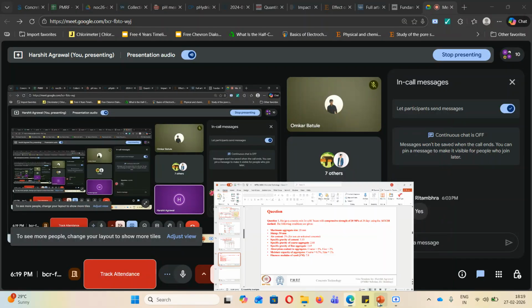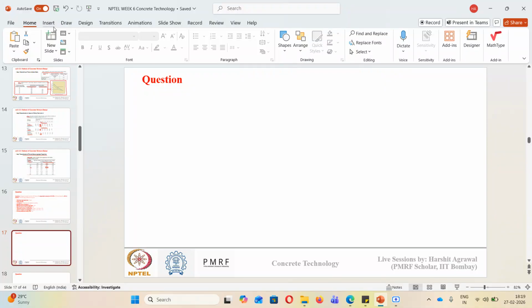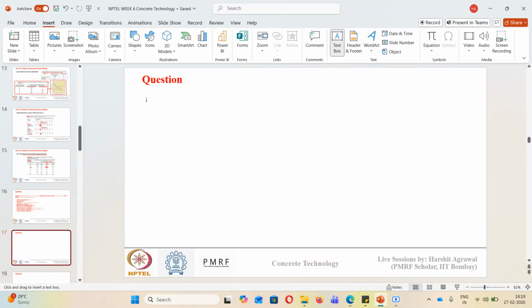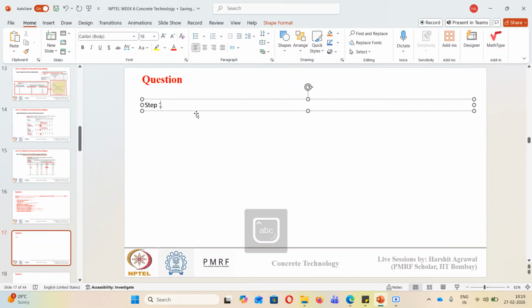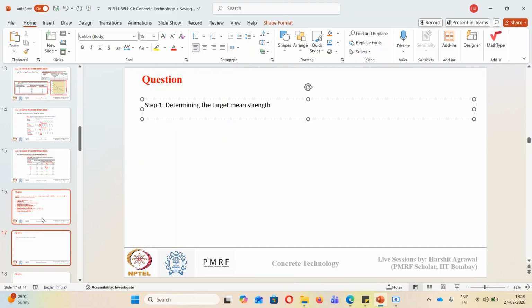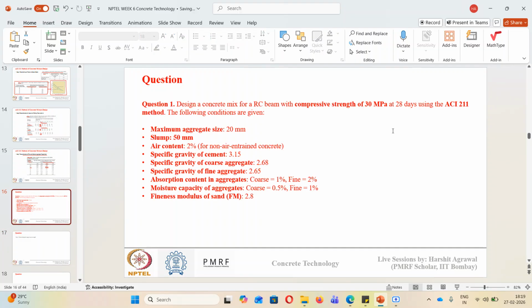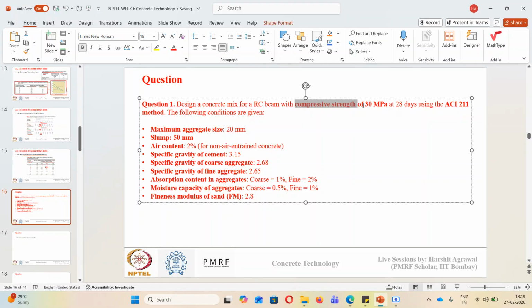Okay, let's see the solution to this question so that everyone gets clarity on how we apply the ACI method of mixture design. So as usual, step 1 is determining the target mean strength. As given in the question, we want a characteristic compressive strength of 30 MPa at 28 days, and we don't have the data for standard deviation.